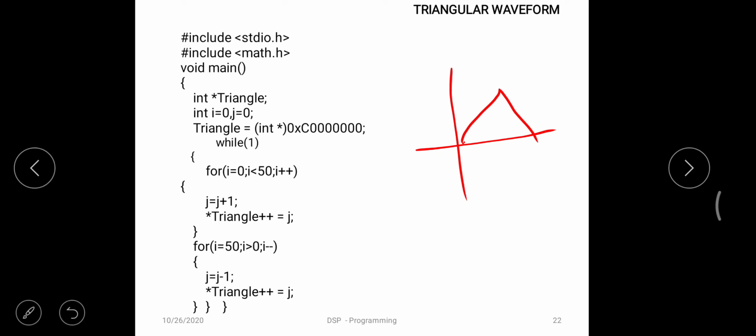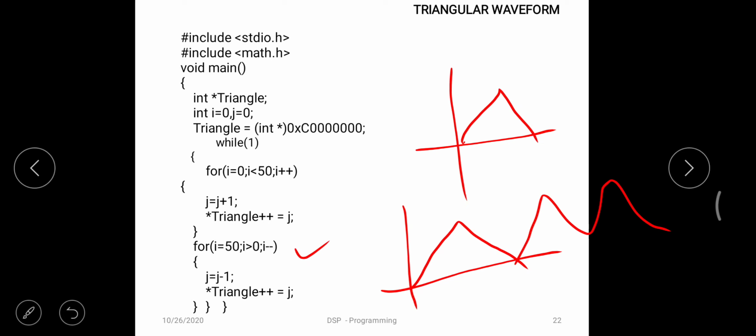For the next 50 I have to decrement that value, so I am starting my for loop from 50, not from 0. You can see this: i is equal to 50, i is greater than 0, i minus minus, so I will keep on decrementing my value. For example, this is 0 to 50, and then 51, 52, 53, 54 till 100 will be going down. This will be executed for an infinite number of loops, since I gave while of 1.